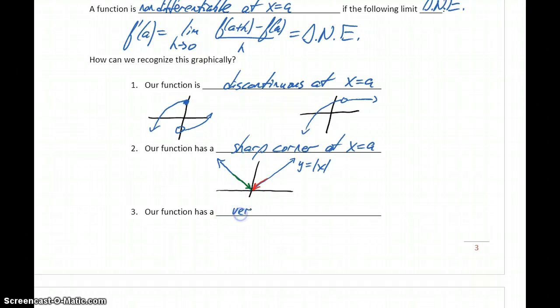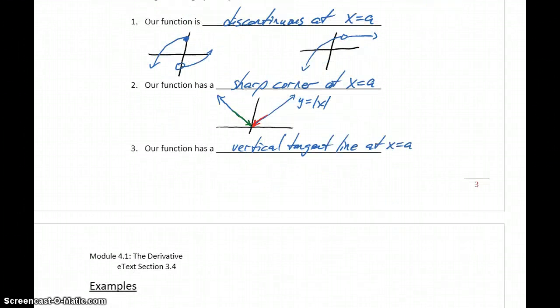If our function has a vertical tangent line at x equals a, then we would also say that our derivative does not exist. As one example of this, this would be something where our function sort of dips down and then immediately starts increasing again.